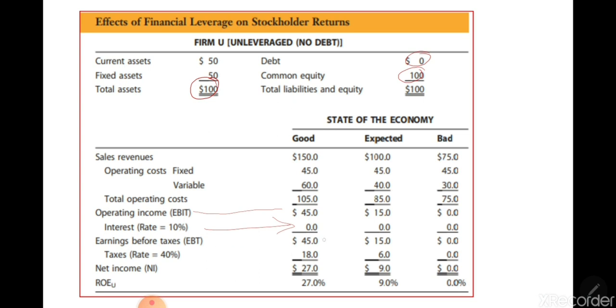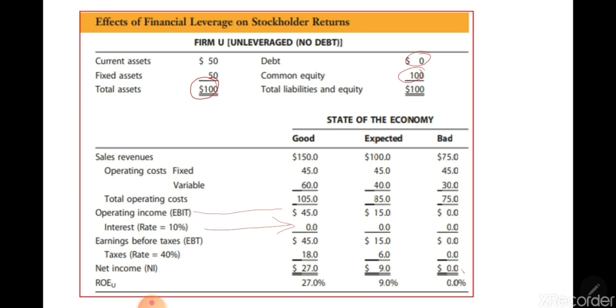Earnings before taxes is then 45, 15 and 0, and then you subtract taxes from that. So you get a net income of 27 if the economy is good. If the state of the economy is expected, then the net income is 9, and if it's bad, then it is 0. Based on this, you have return on equity of 27%, 9% and 0%.